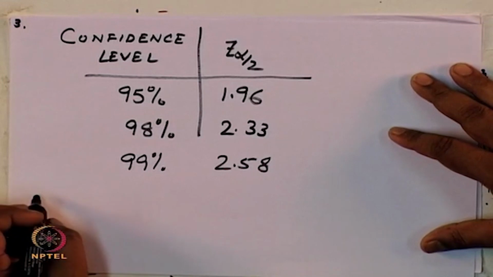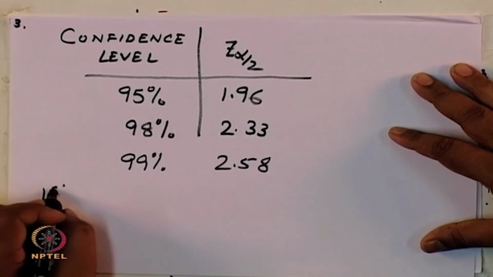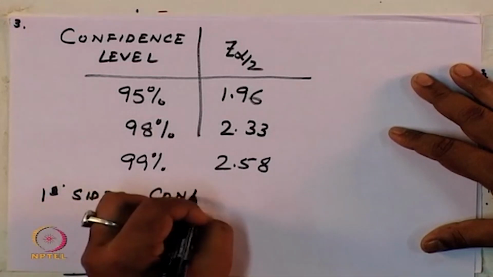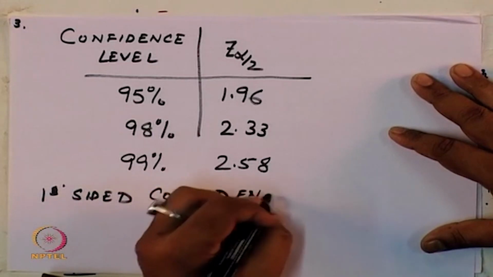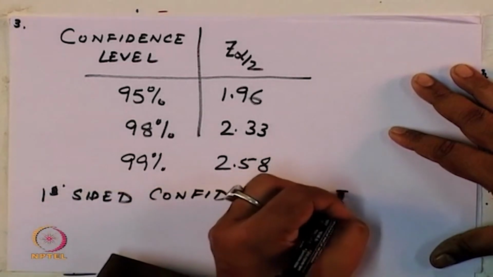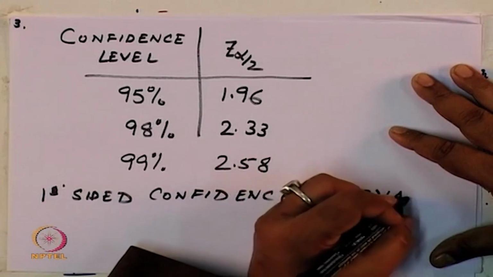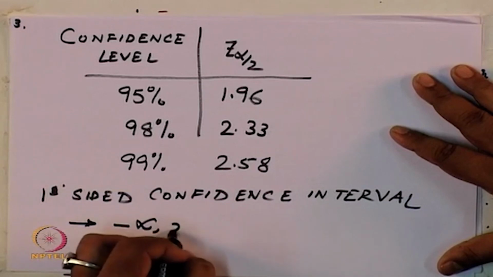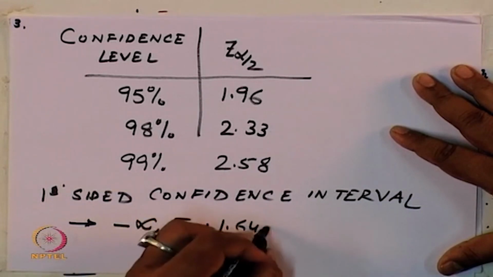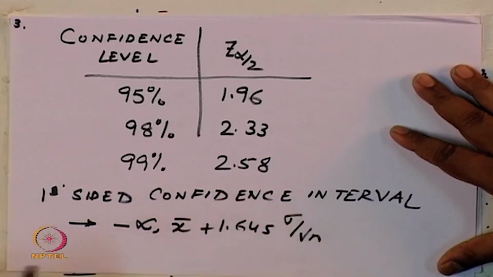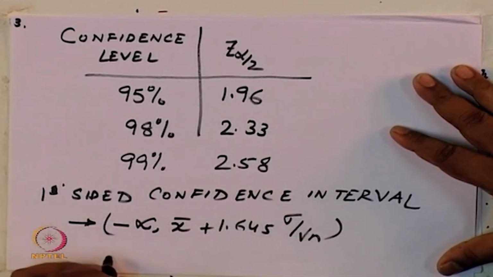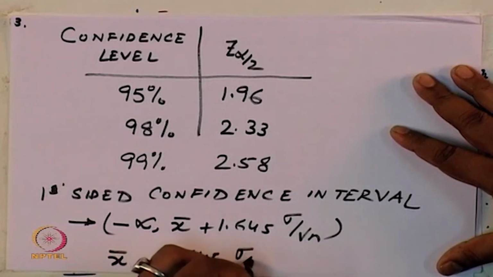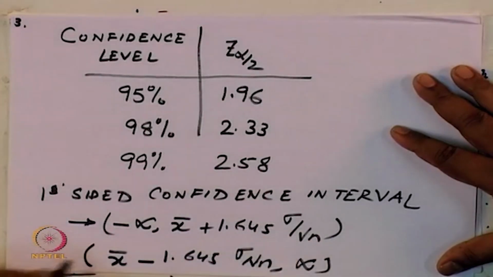In that case, the one-sided confidence interval is given by either minus infinity to x bar plus 1.645 sigma by root n, or x bar minus 1.645 sigma by root n to plus infinity.